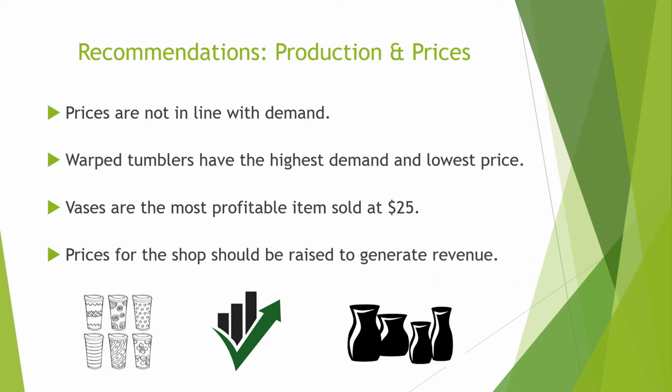Vases are the most profitable item, sold at $25. So a couple of recommendations would be to move prices up across the board, since there is support at the $25 level for the vases, and also to increase production of the warp tumblers and also increase their price significantly in order to boost profits for the business overall.